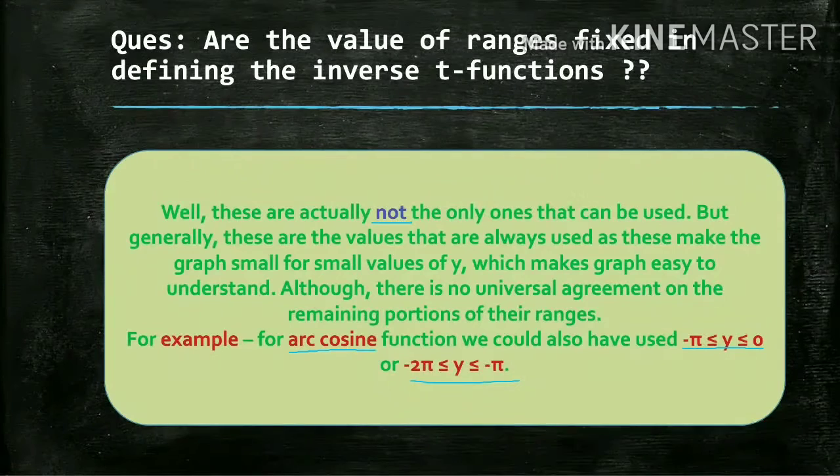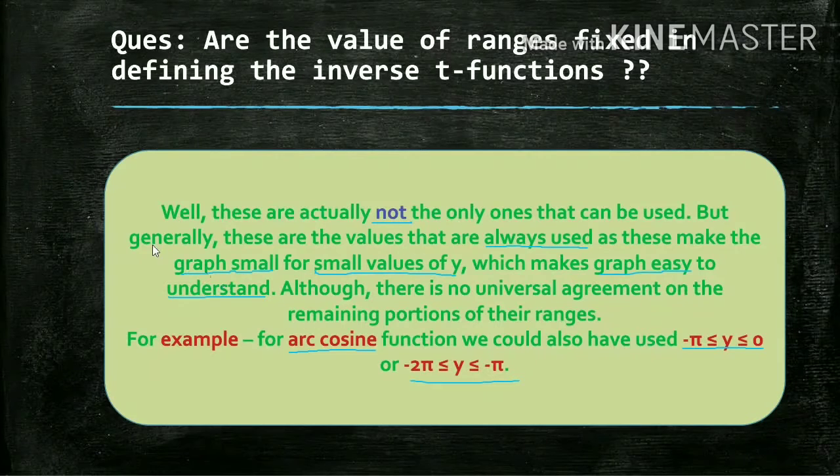But why are we using the values that I just told you? Why remember them if there are infinitely many values possible? Basically, we use them because these are the values that are always used in all of the books, the prescribed values. Why? Because these values make the graph for small values of y, which makes the graph easy to understand and to draw.